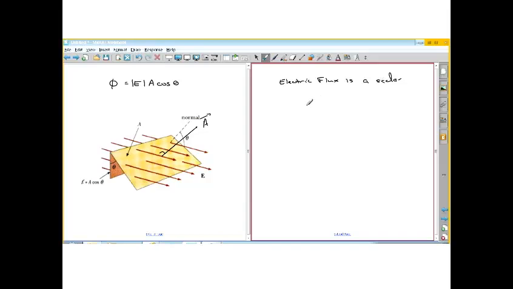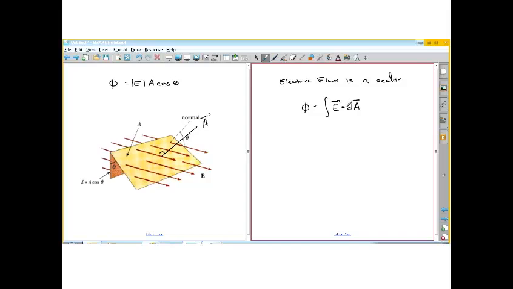And from a calculus standpoint, you say that the electric flux is equal to the integral of the electric field dotted with the area vector. So if you have a varying electric field over an area, then you can use calculus to figure out what the flux is. If the electric field is constant, then you can take that outside the integral, and the integral of dA is just the area.